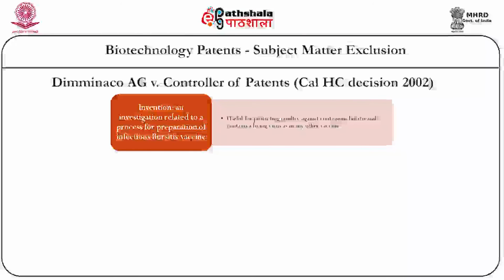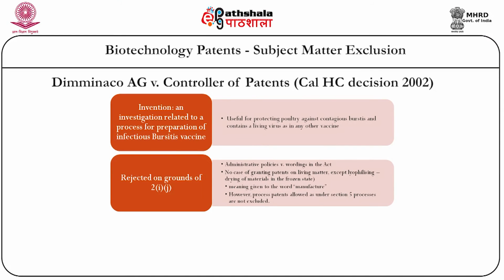It went on in appeal to the Calcutta High Court, and the decision of the High Court is very interesting. The court propounded something called the vendibility test. It said that if a product was vendible, it should not matter whether it is live subject matter or not. It rejected the objection on grounds of Section 2(1)(j), as it then was.